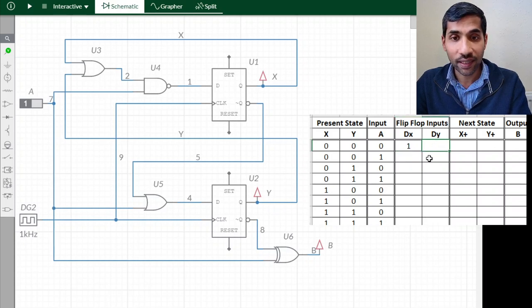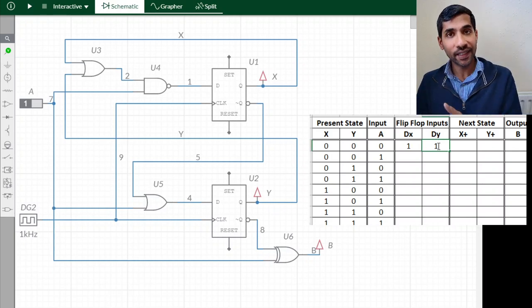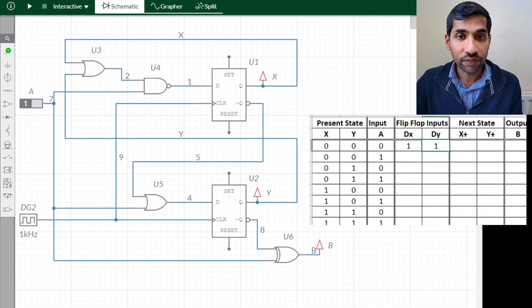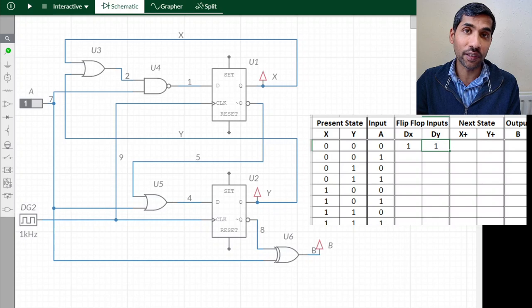Now similarly you can calculate dy. Dy is what? X bar. X bar is 1 and a is 0, so OR of both that is 1, so dy is 1. Okay, now if dx and dy are 1 1, what is going to be the next state? Now this is a D flip-flop, remember. If you have a 1 here, when the next clock edge comes, q, the output, is going to become equal to the input, right?